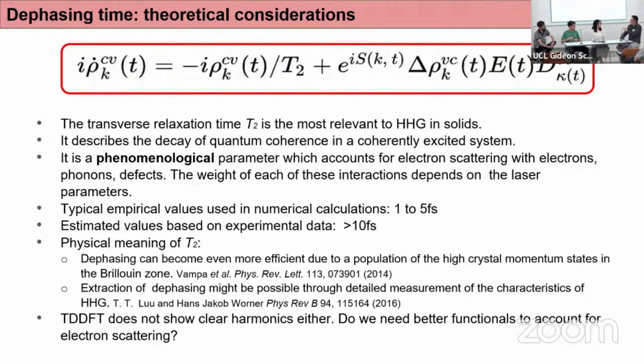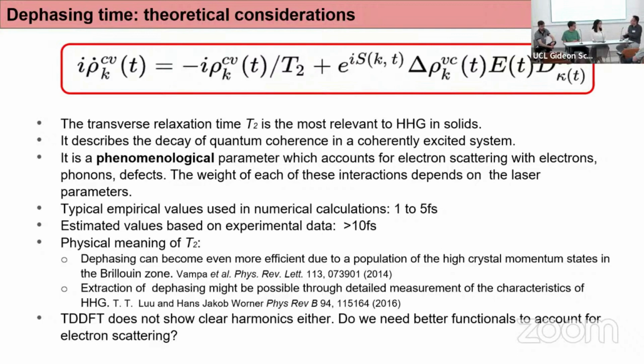And also another interesting observation that I found in the literature is that the group of Jacob Biegert proposed that perhaps HHG in solids could be used as a technique for measuring these dephasing times under these more extreme experimental conditions.